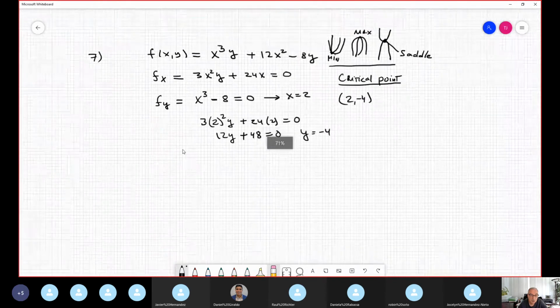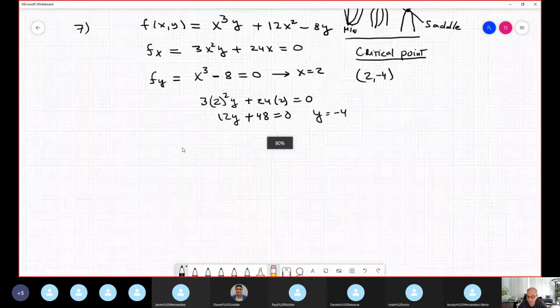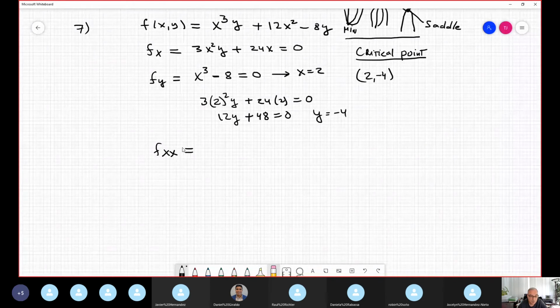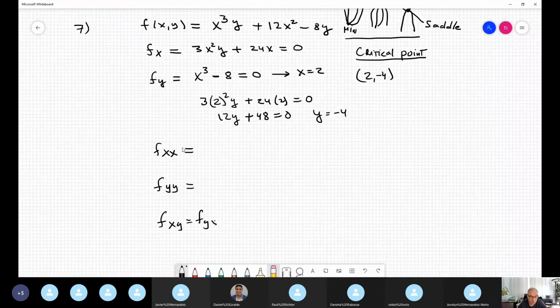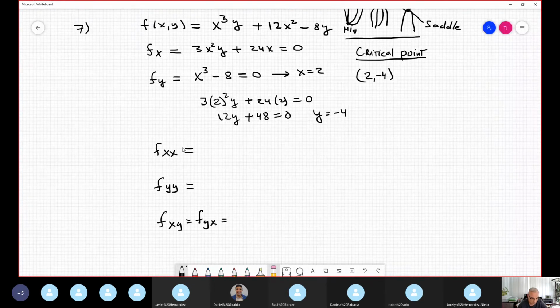You compute the collection of the 3 second derivatives: fxx, fyy, and fxy. By the way, fxy equals fyx, so you need to compute it only in one way, not necessarily in both ways.